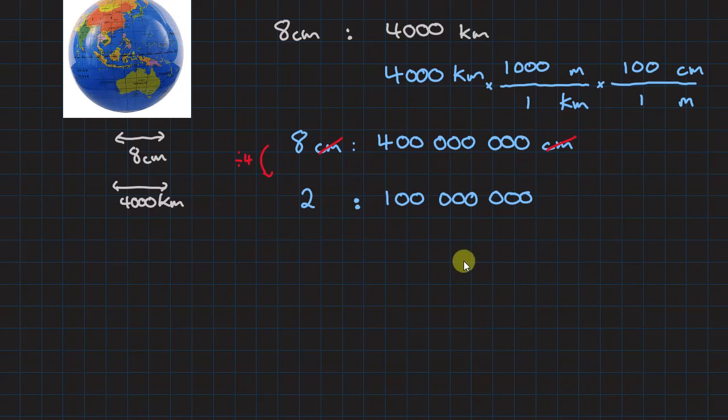Take the map again, I can still divide by 2. So 100 divided by 2 is 50 million. And so this map has a scale factor of 1 to 50 million, compared to our Landranger map, the bigger ones.